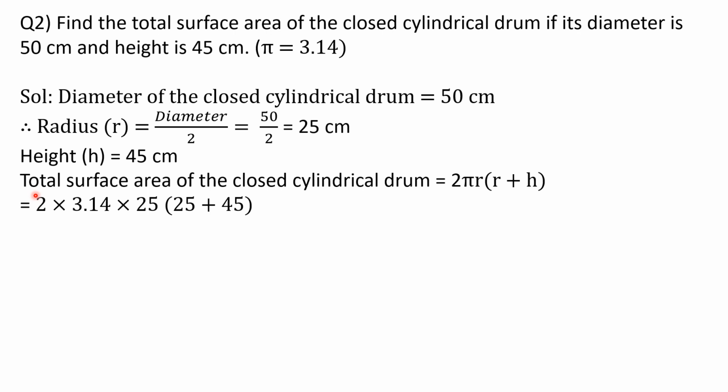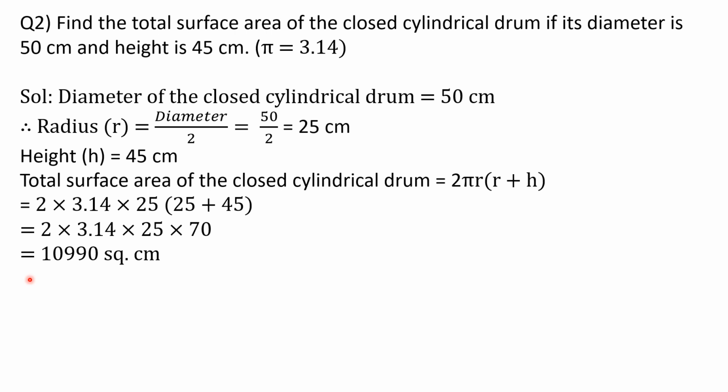So 2 into 3.14 into radius we got 25, so 25 into in bracket r plus h, so 25 plus 45. So next step you'll get 2 into 3.14 into 25 into 25 plus 45, student I have added and we got here into 70. Now we will multiply and get the answer.